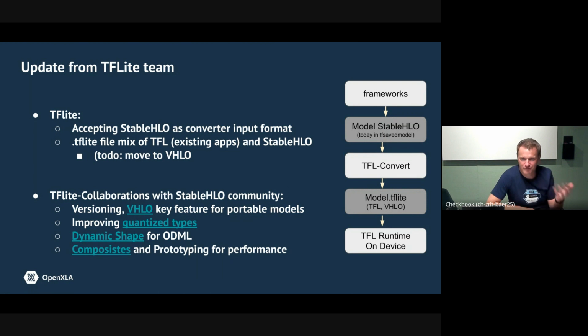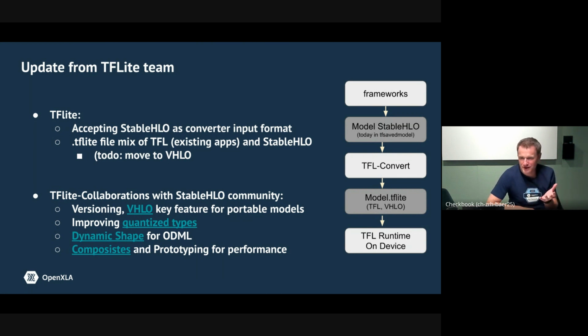So we could have versioned models with broad compatibility across devices; that is the goal. So that's our update, and one of our to-dos is to move from stable HLO to versioned stable HLO.